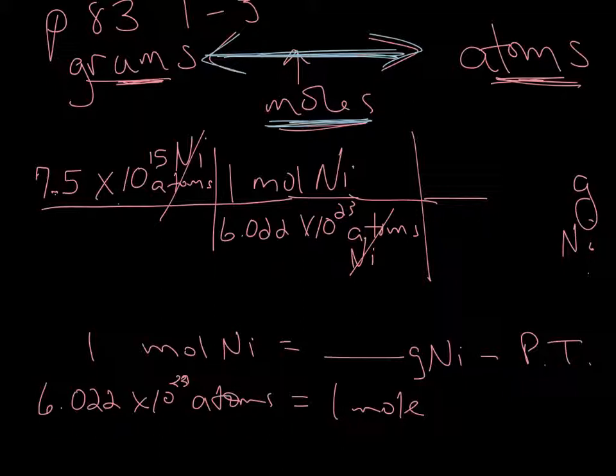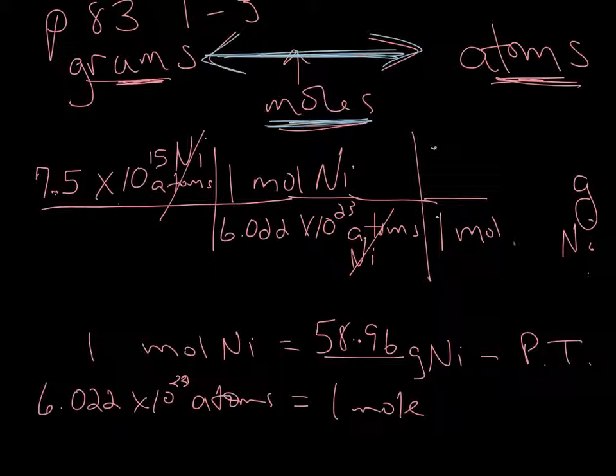It's number 28 if you're looking for it. It is 58.69 grams. Now we have to determine, we found our information. Where does it go? Does it go on the top or on the bottom here? Well, we're going to have to identify. Moles is on top over here, so we need our moles to cancel out.